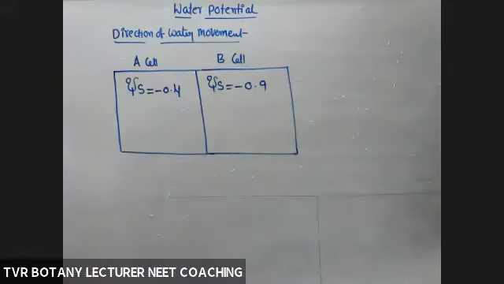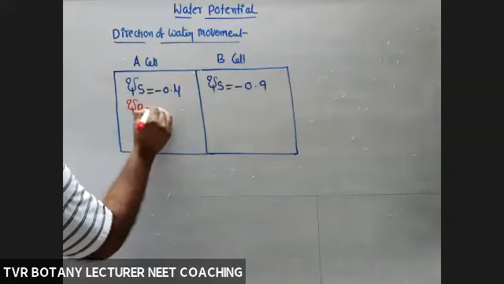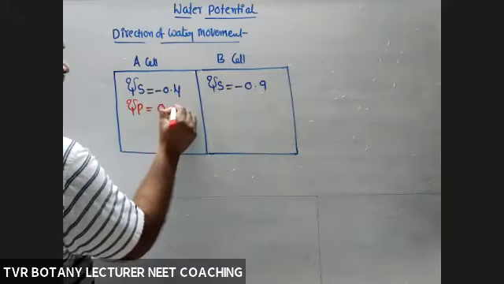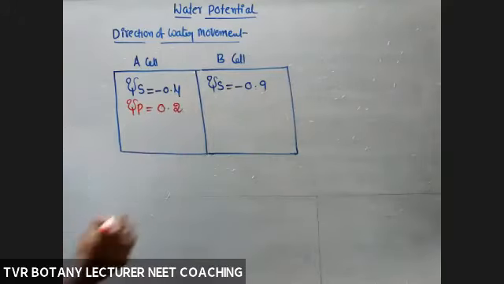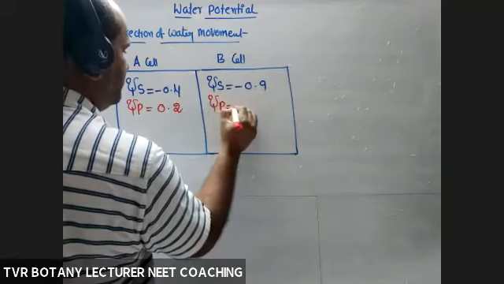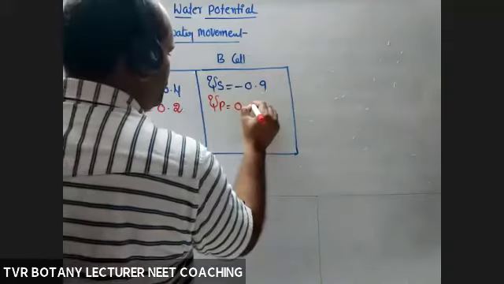Now, psi p value, the pressure value, is a positive value. Take positive 0.2 in A, and in B, psi p value is 0.4, I am taking.